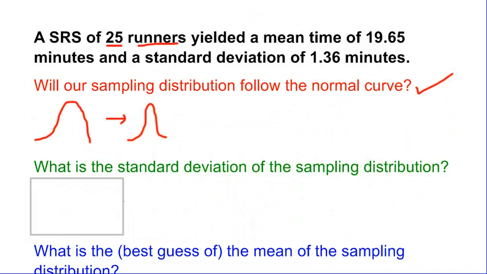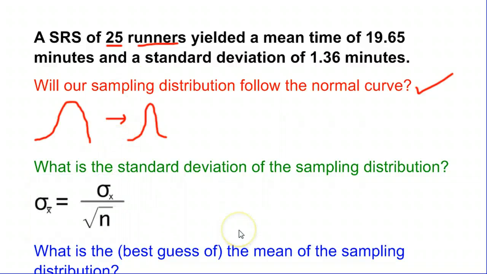What is the standard deviation of the sampling distribution? Well, we start with our population standard deviation, that 1.36, and we divide it by the square root of our sample size. So we have 1.36 divided by the square root of 25, which is 5.